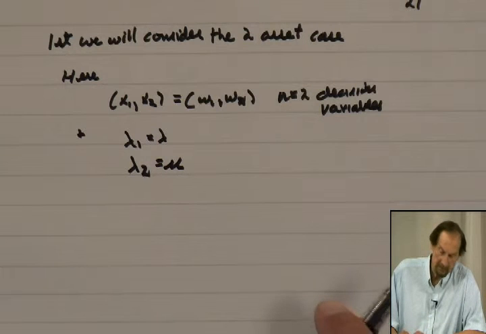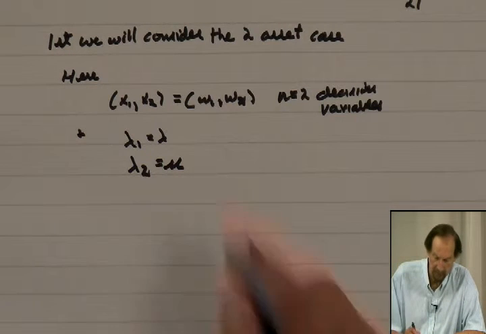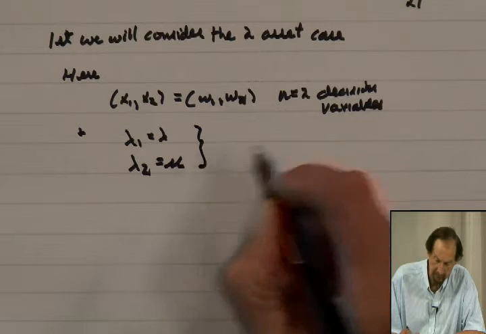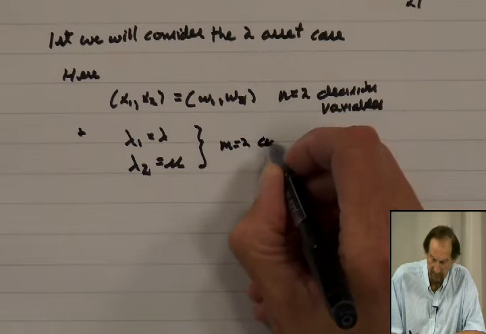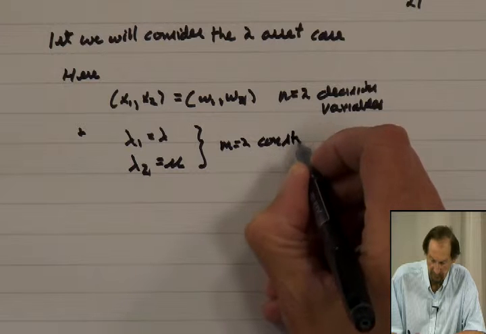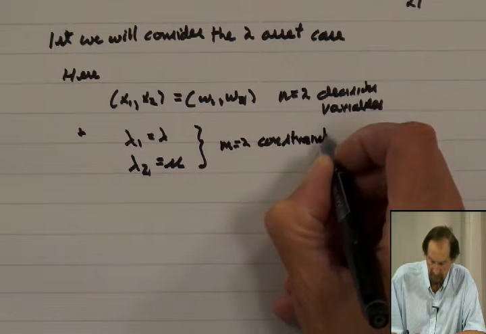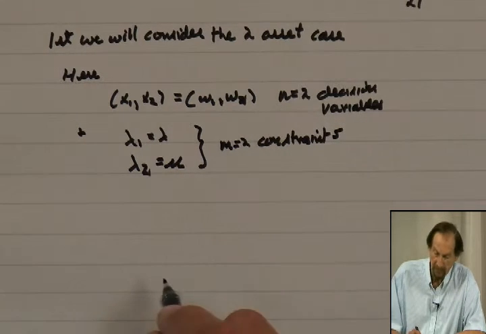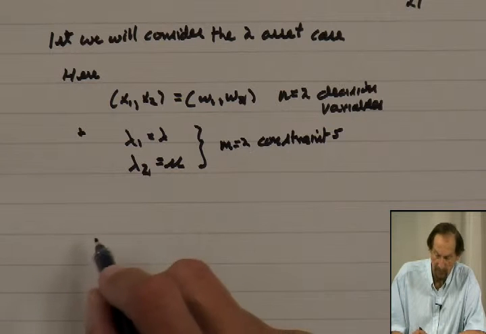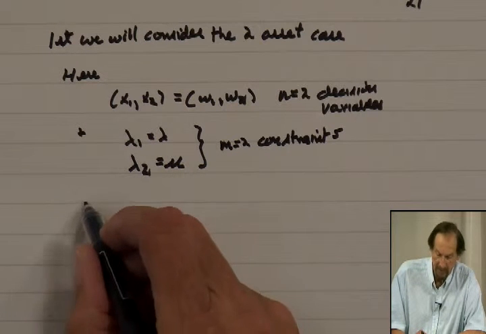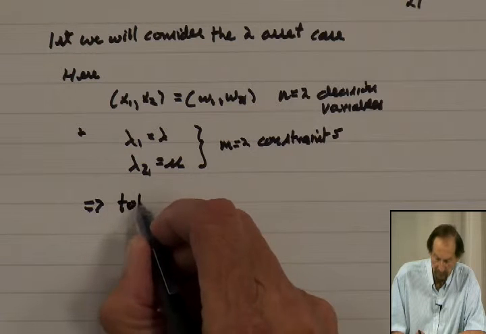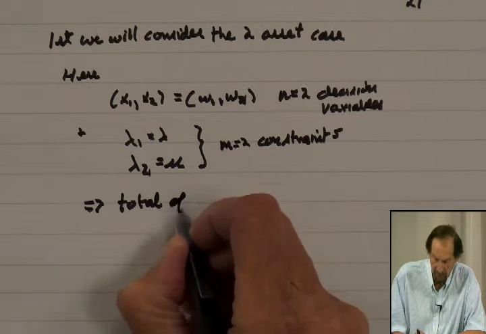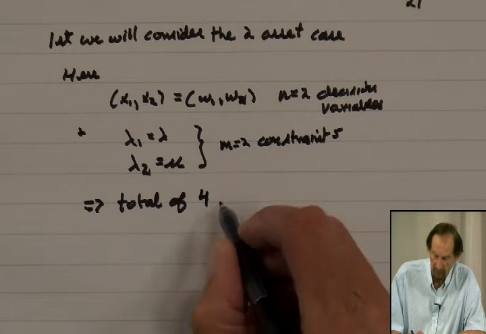This is just a notation that the book uses. So we have m equals 2 constraints. So in the two-asset case, we get a total of 4 unknowns.